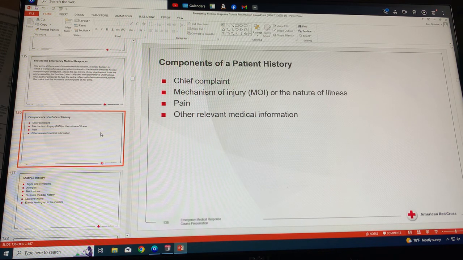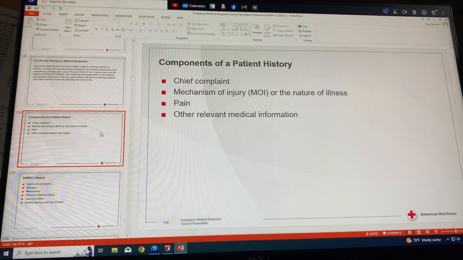So a little more detail about the chief complaint. The most important component of the patient history is the chief complaint. This is the reason why emergency medical services personnel were called to the scene. The best way to determine a chief complaint is to ask the patient, why did you call for EMS personnel?